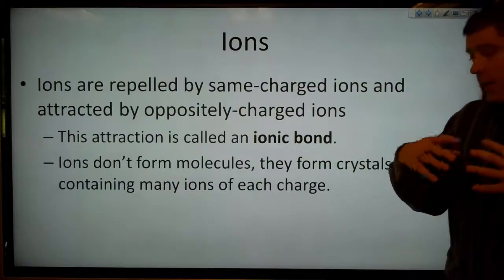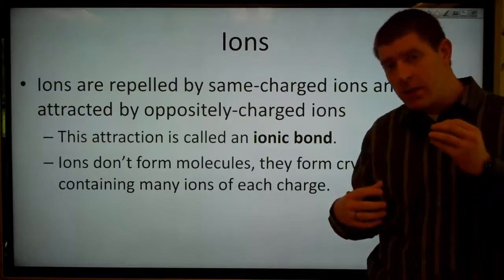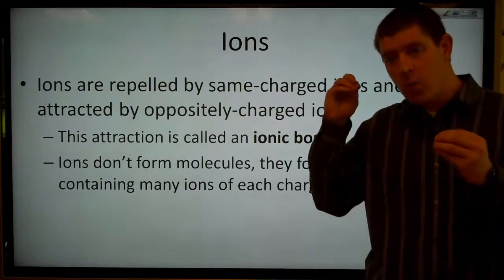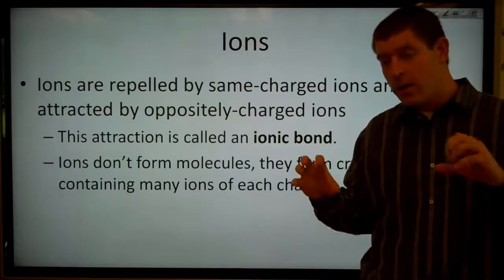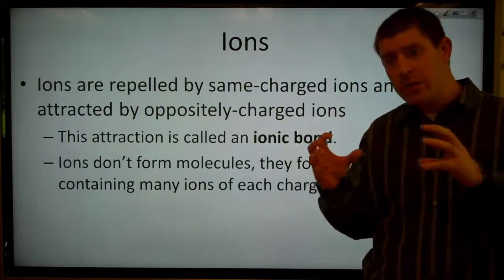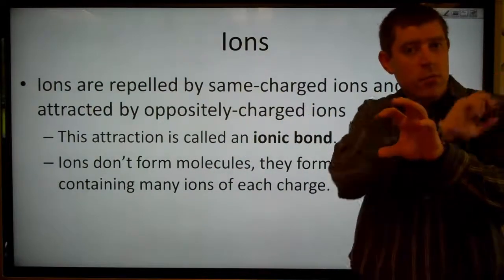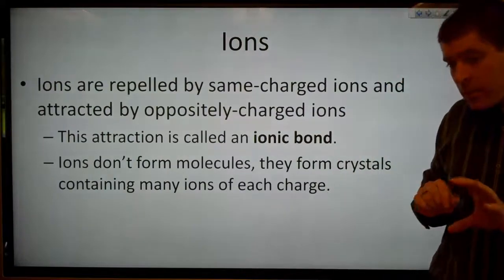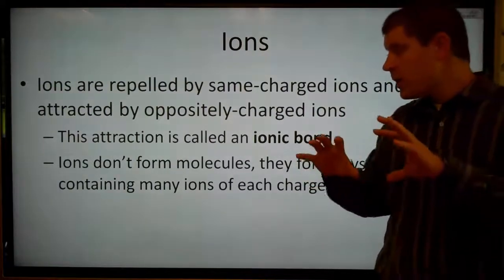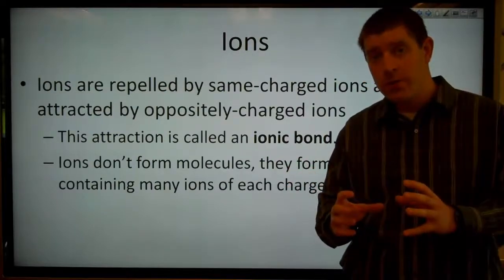Now, they don't form molecules because there isn't something specifically connecting one ion to another ion. Yes, there's an attractive force there, but there's nothing special about this cation as opposed to a cation from over here, let's say. And so we talk about ionic compounds in terms of formula units.